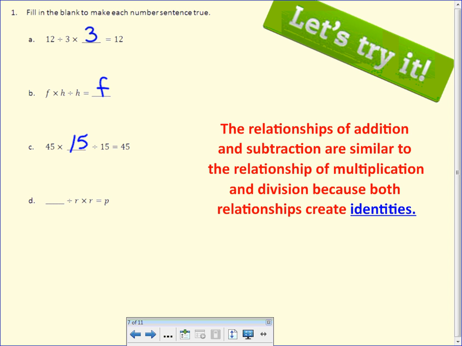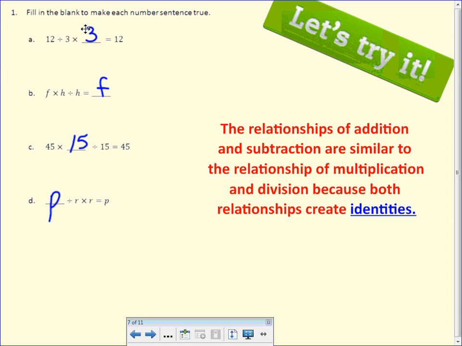Everybody? 15. What times divided by R times R equals P? P. I know this seems really simple, but this is building a foundation for future lessons. You need to remember that when you divide and then multiply, they cancel each other out, and you get your original number back.